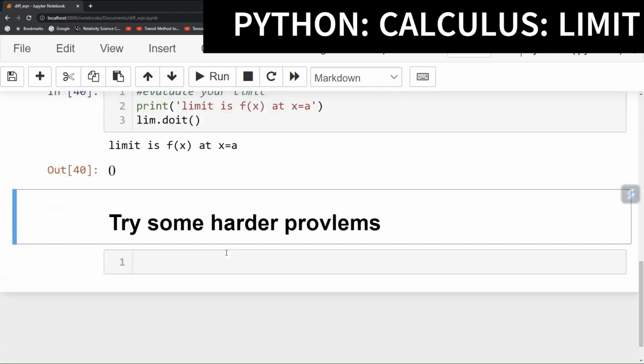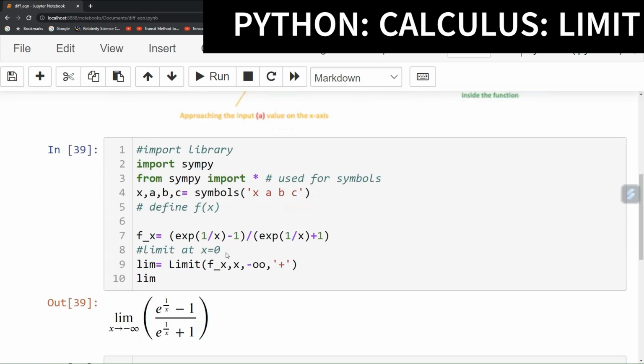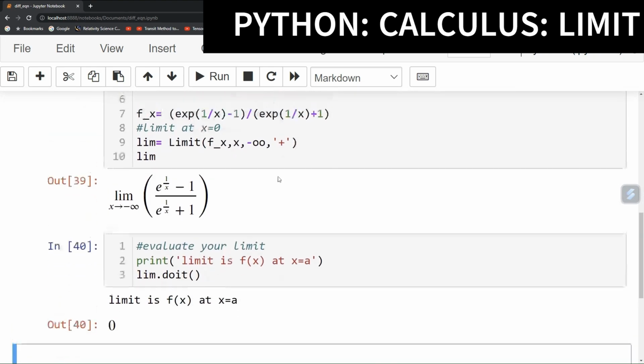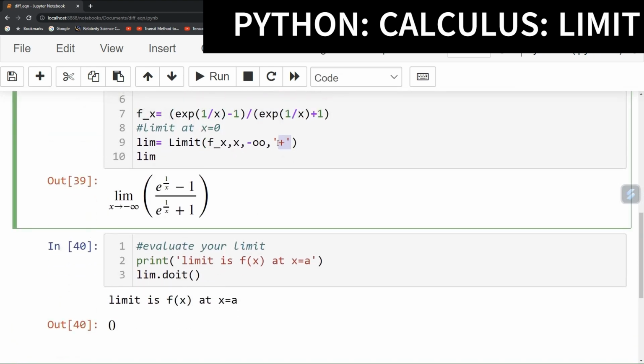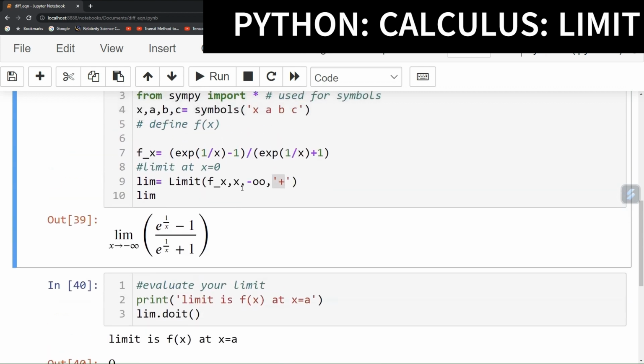So this way you can evaluate your limit for 0 plus and 0 minus, and you can give your left limit and right limit of that point. So this way you can do. So just copy it here.